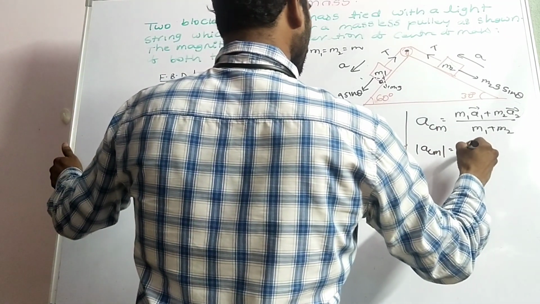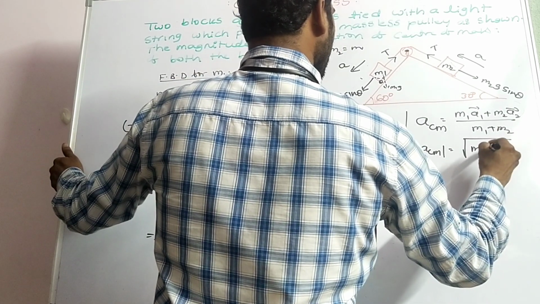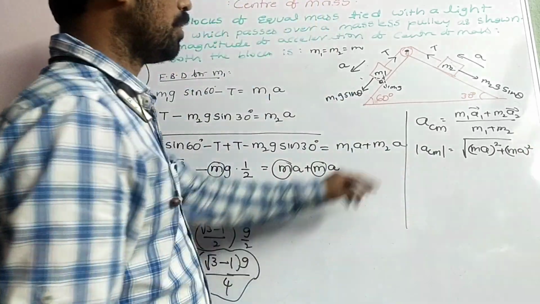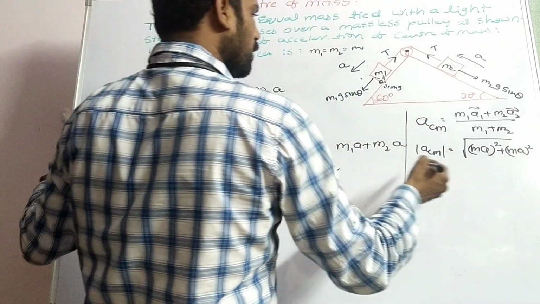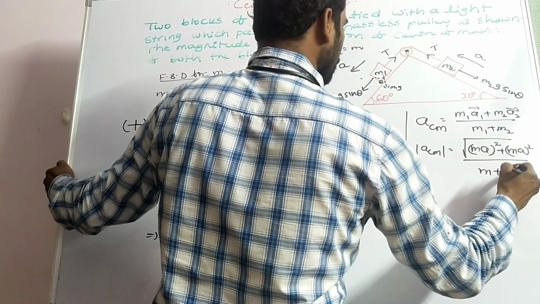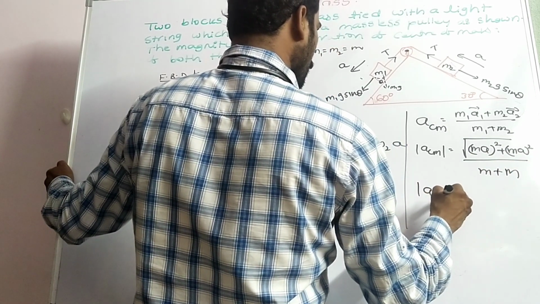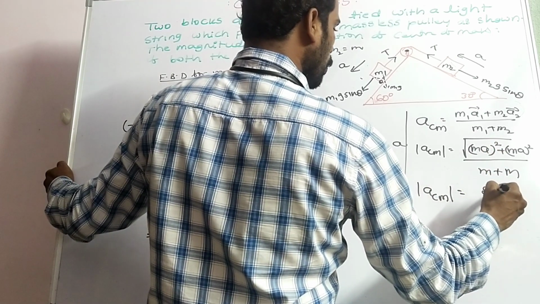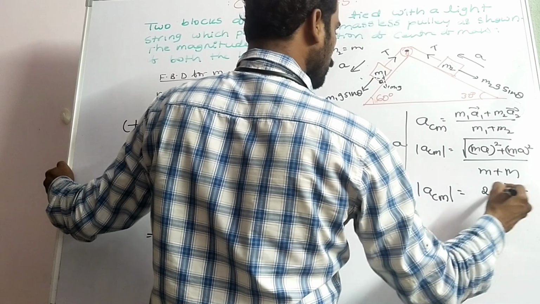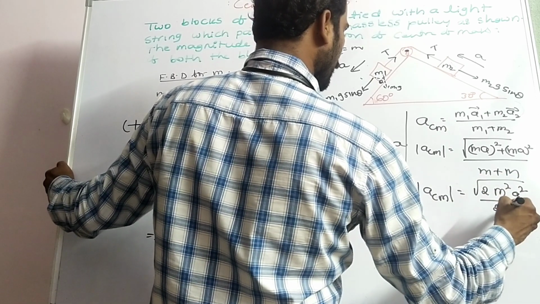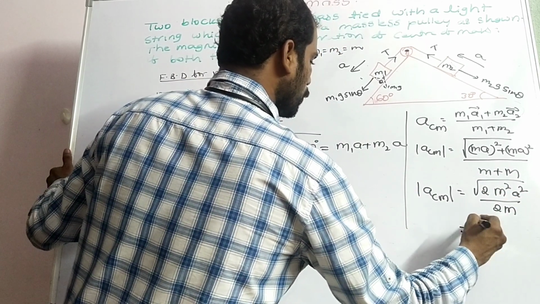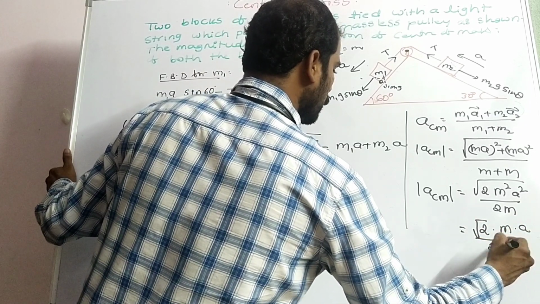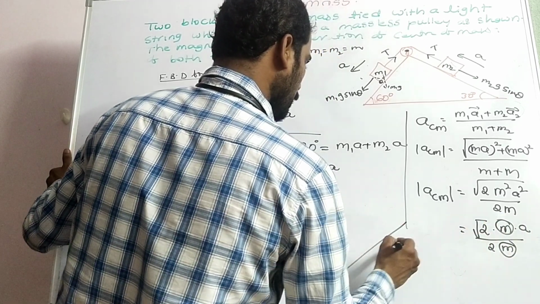Modulus of ACM is equal to root of (m into a) square plus (m into a) square, because the masses are the same as well as the accelerations. So it is root of 2m square a square by 2m, that is equal to root 2 m into a by 2m. m gets cancelled.